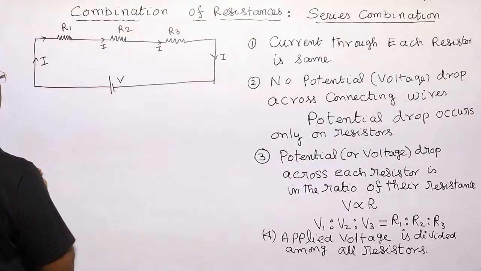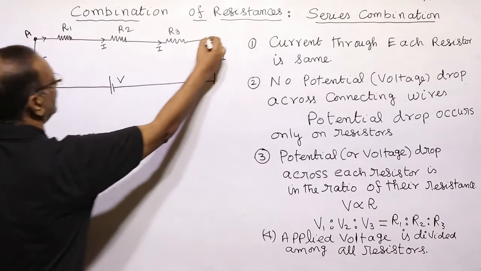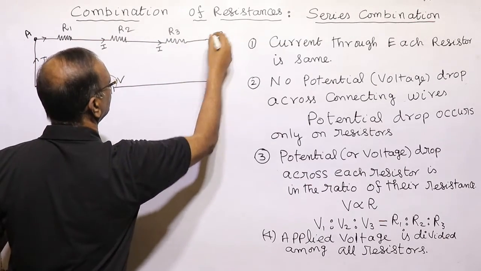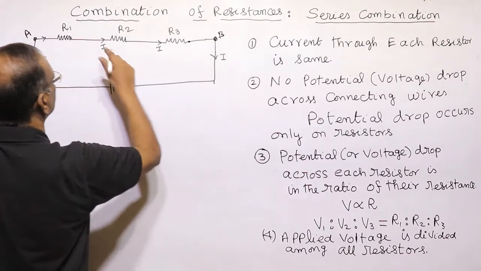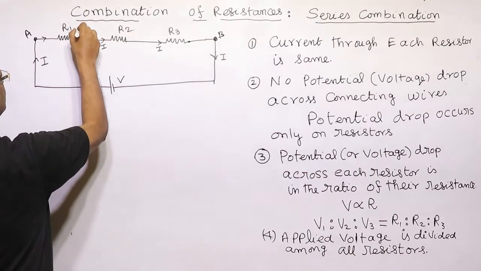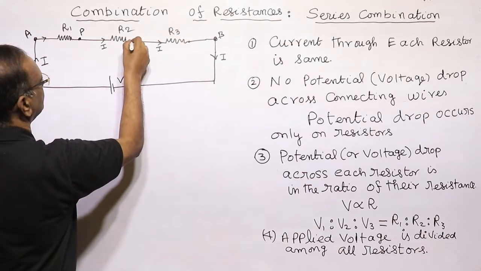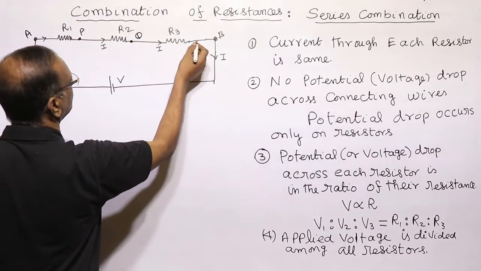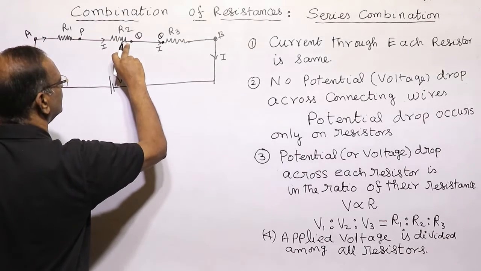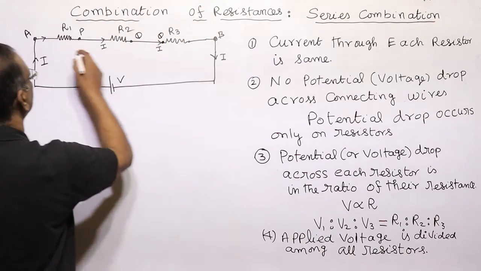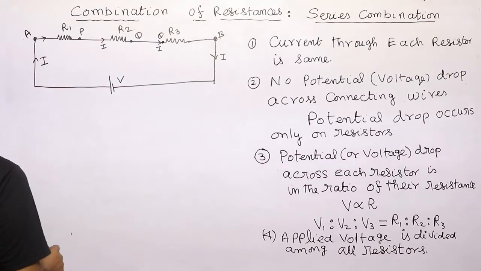Suppose we take this point as A and this point as B, and the potential up to this point will be the potential at B. Let us take this point as P and this point as Q. Whatever potential is available here is the same up to here. That is, potential at A is equal to potential at B.